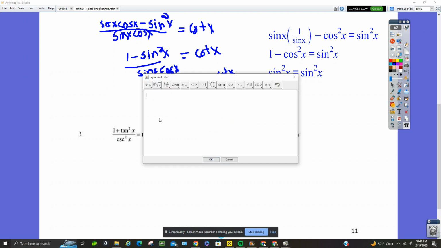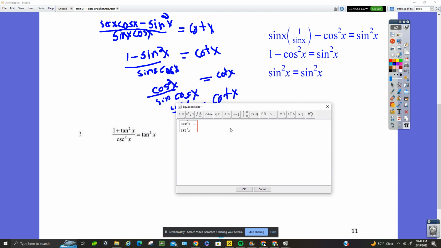One plus tangent squared is secant squared over cosecant squared. Equal tangent squared.